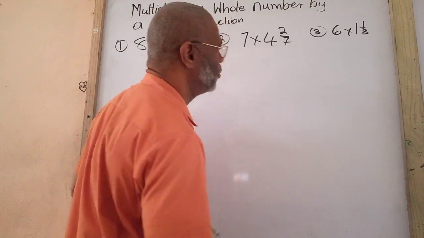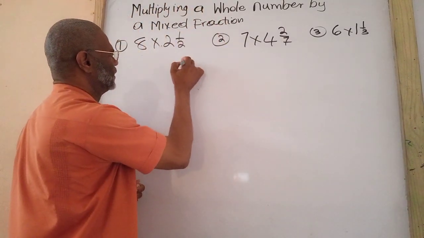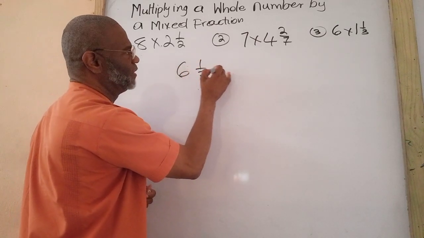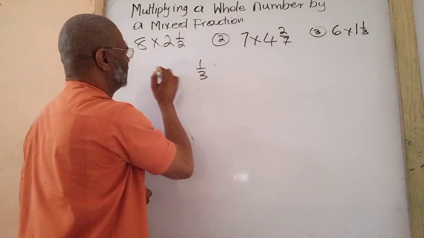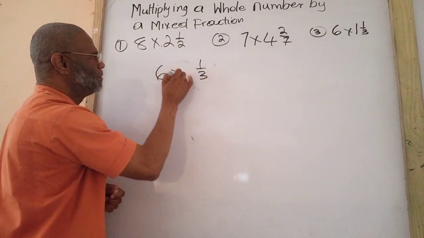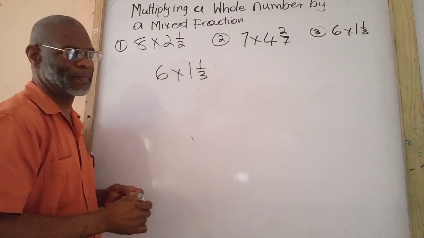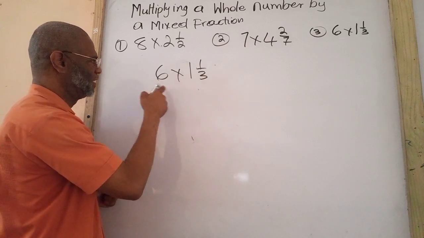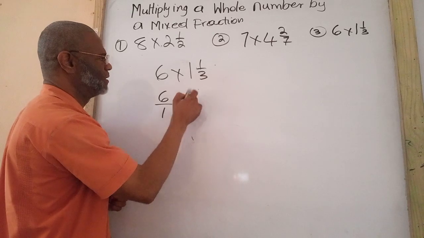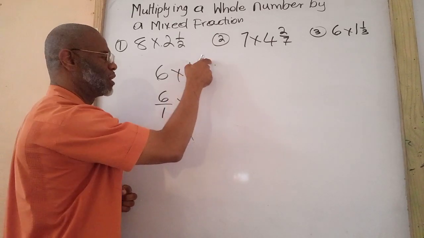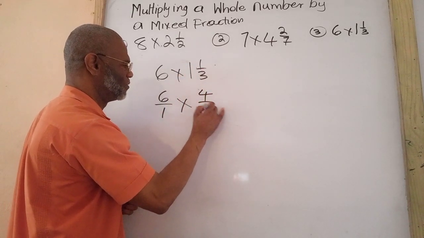So we have 6 times 1 and 1/3. Alright? So go ahead again. So we put this over 1. So 6 over 1 times 3 times 1 is 3 plus 1 is 4, 4 over 3.